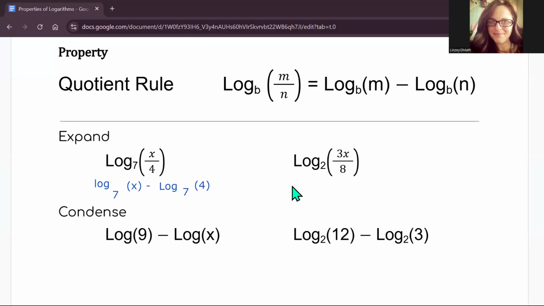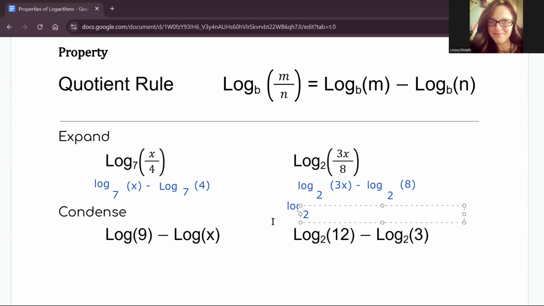And the next one, log base 2 of 3x minus log base 2 of 8. And now we can actually expand log base 2 of 3 times x using the product rule that we just learned about.